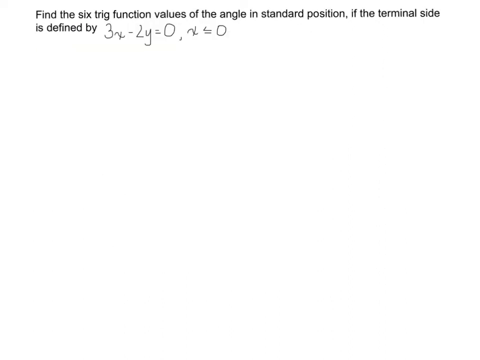For this next one, we don't have the coordinates, but we're given the line that defines the ray and the fact that the x values must be negative. So the first thing I need to do is pick some x, y values that will work in this. If I start with x equal to -1, one of the things that I notice is my y value is going to end up being a fraction.